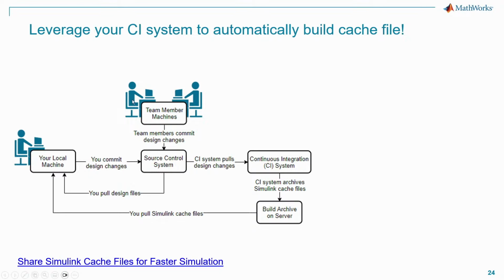At the same time, you got colleagues who work on other models making changes too. Well, if everyone commits their design change, their SLX file, to the source control system, overnight, your continuous integration can build all that, build all the reference targets. You can set that up to build for different OSs if different team members are working on different operating systems. That way, when you come in the morning, you don't even need to build the accelerator target for the models that your colleagues have changed.